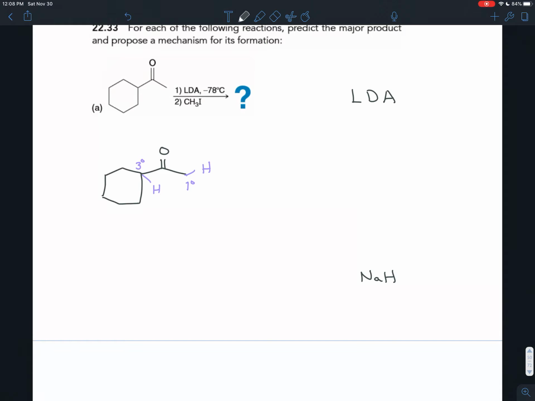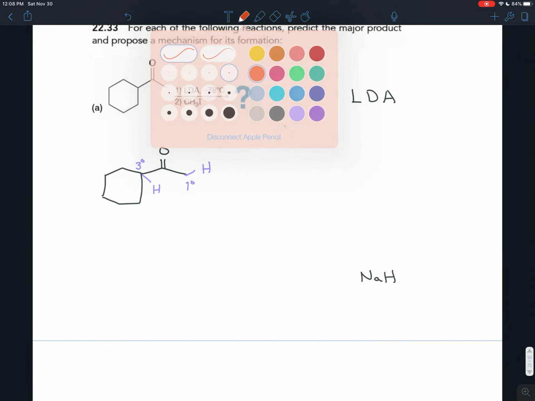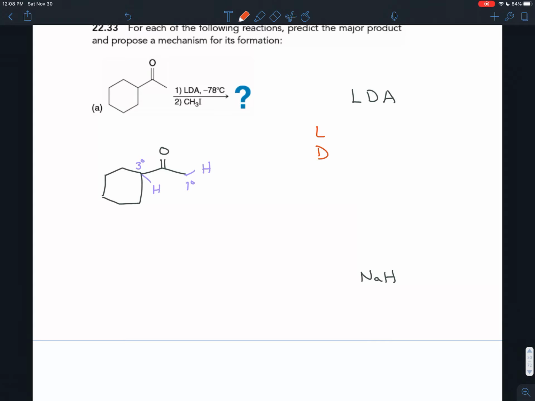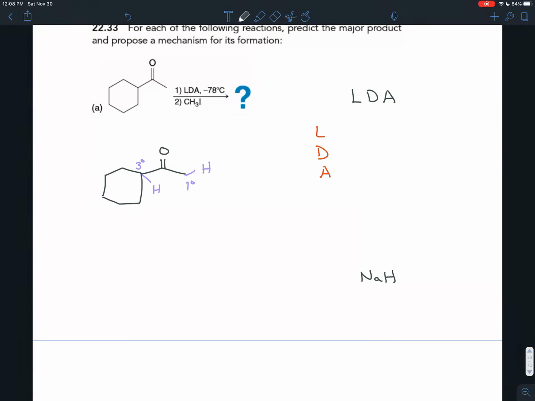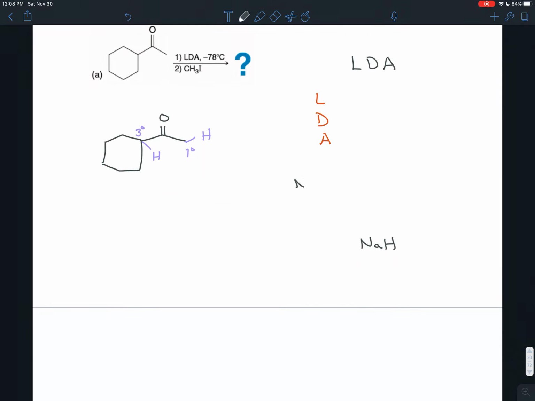So we've seen LDA before. LDA stands for lithium diisopropyl amide. Actually, I'll fill these in as we draw them. If you remember, NH3, ammonia, the nitrogen version of water, is a weak Bronsted-Lowry base. This is sort of the poster child for a Bronsted-Lowry base, because it has that lone pair on the nitrogen that it can use to accept H pluses.